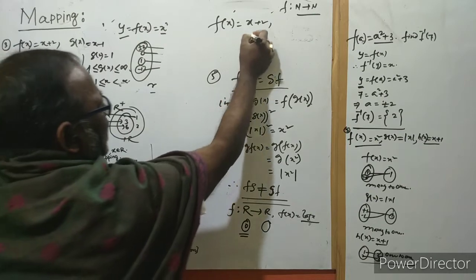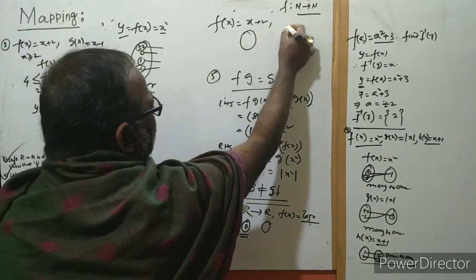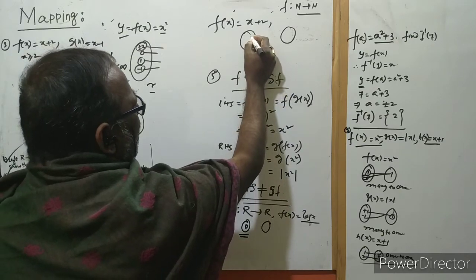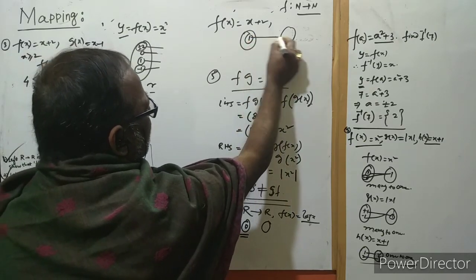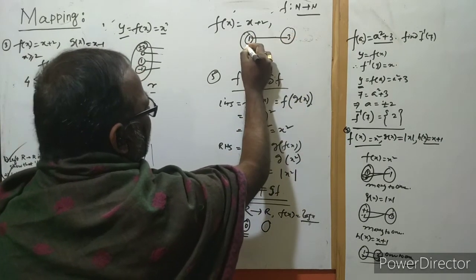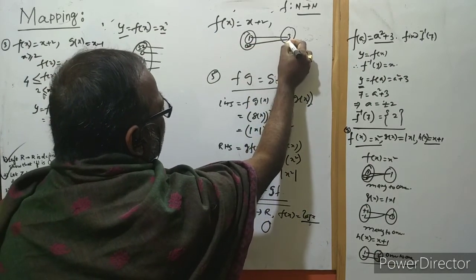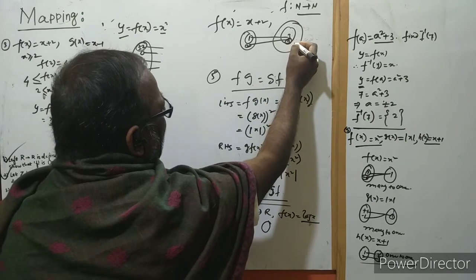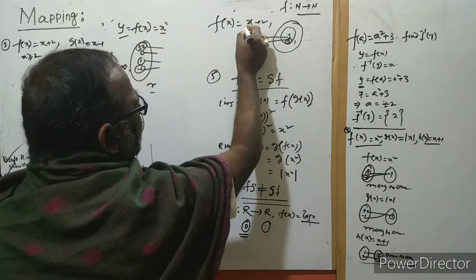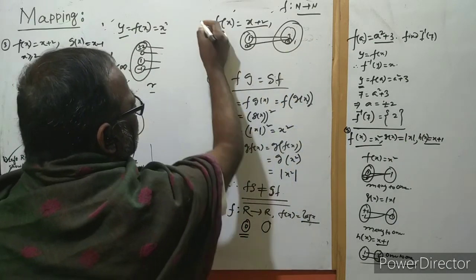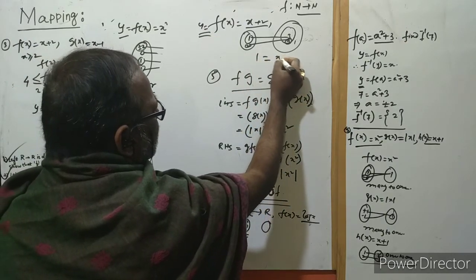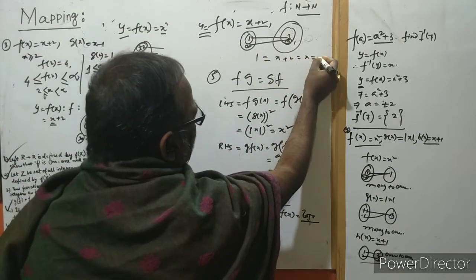If we take a natural number like 1, 2, 3, then we get another natural number. If we take 1, then we get 3. If we take 2, then we get 4. Okay, like that. But for some values like 1, if we put y equal to 1 in x plus 2, then x is equal to minus 1.